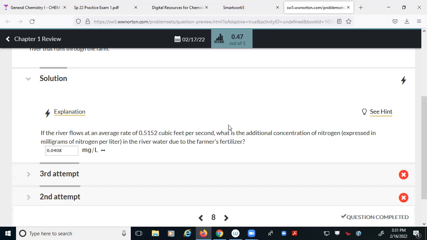If you do that shift, the periodic trend still holds in terms of position on the table and the exceptions between groups 2 and 13, between groups 15 and 16. Everything still holds. You just have to move all of those over.